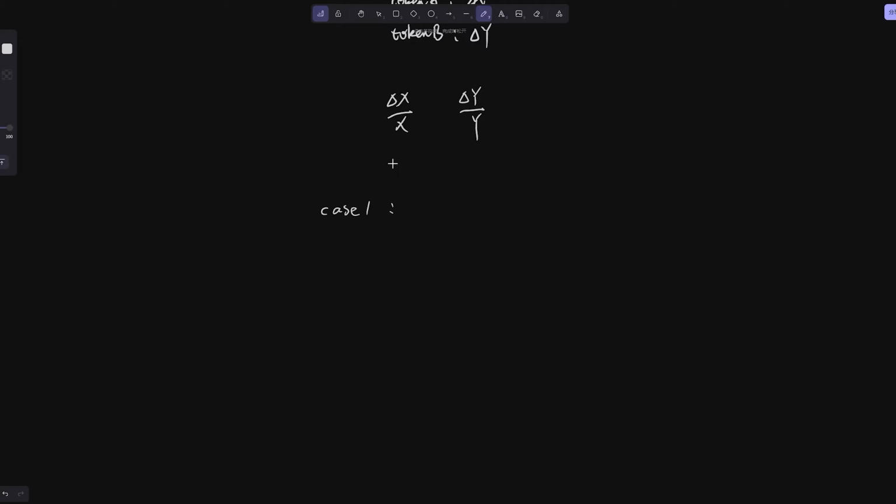Case 1, $X1 divided by X equals $Y1 divided by Y. In this case, we can transform the equation to this.